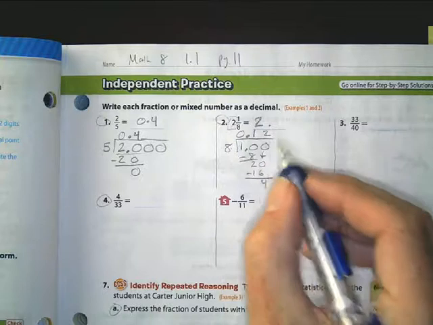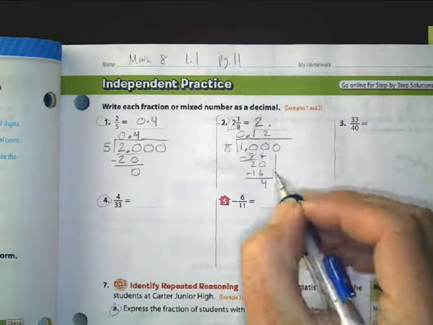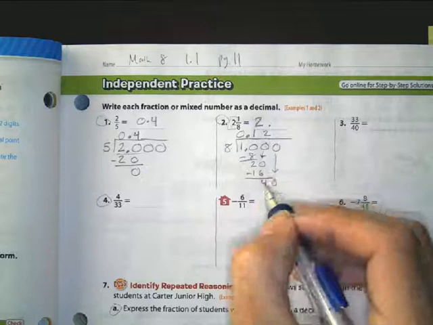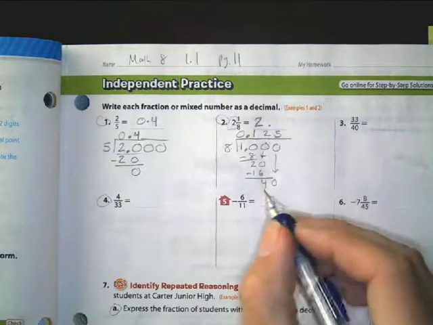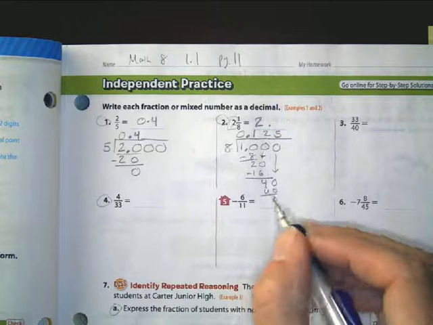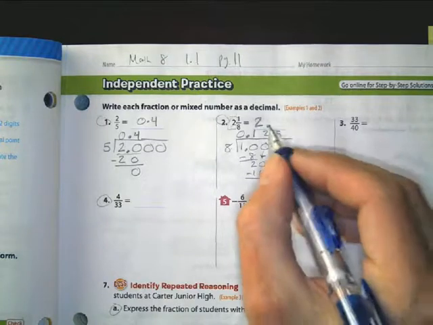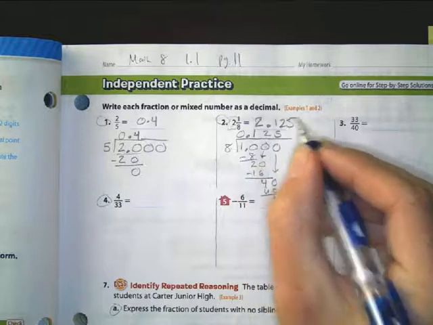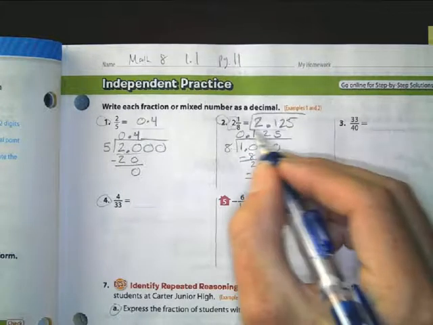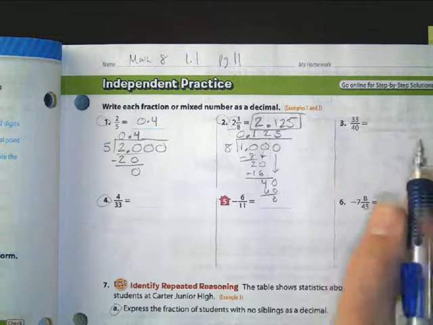I'm going to have to add another 0 over here. Bring down another 0, and 8 times what number gives me 40? We're going to go with a 5. And 5 times 8 is 40, so this becomes 0 left over. So now my decimal point becomes 2 point this stuff, 125. So my answer is 2.125.